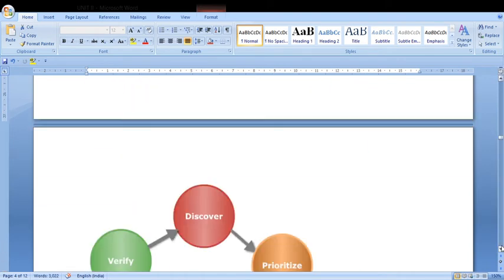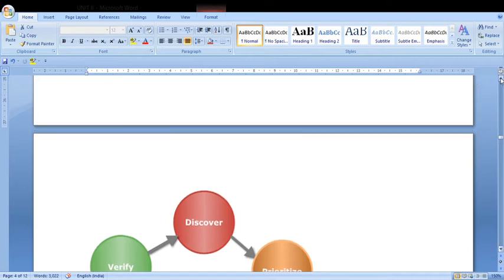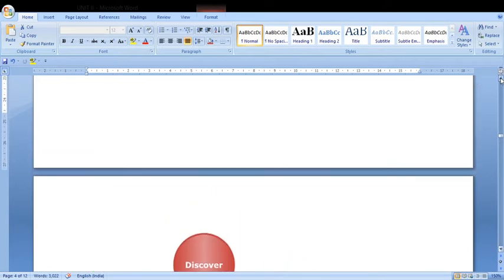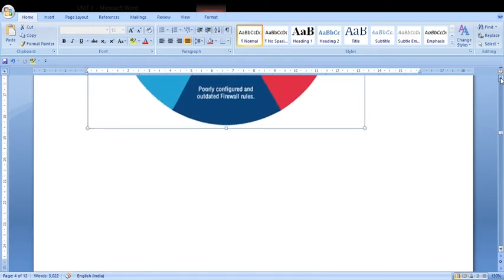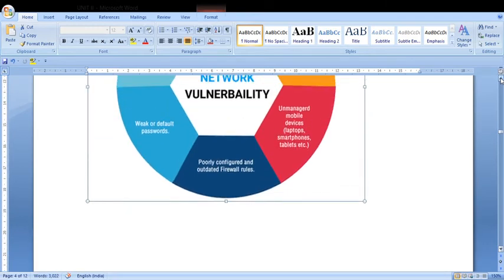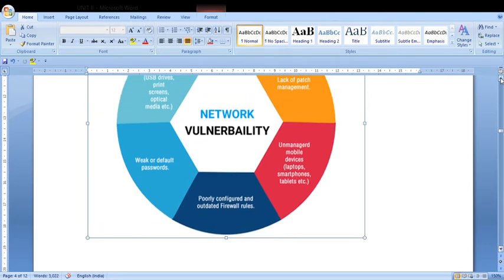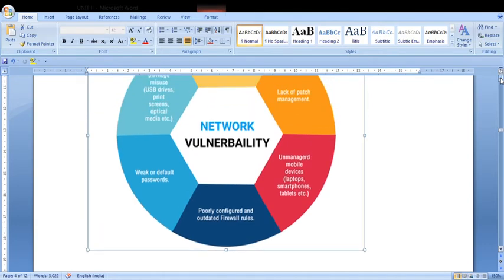And moreover, I'd like to discuss poorly configured and outdated firewall rules, weak or default passwords.